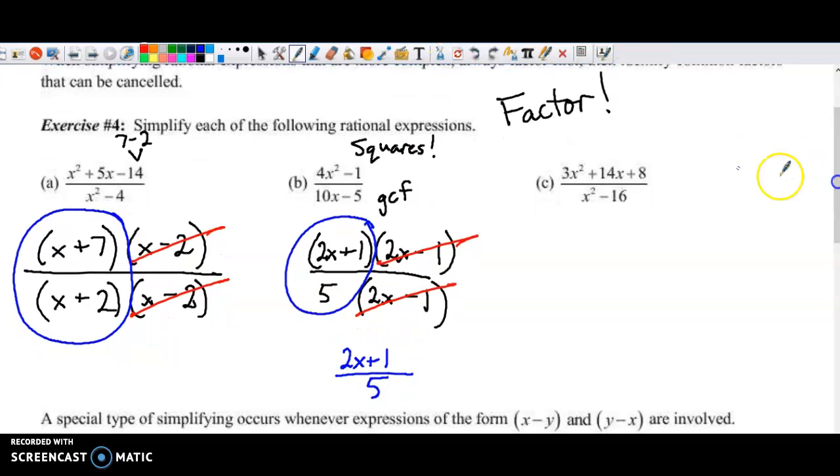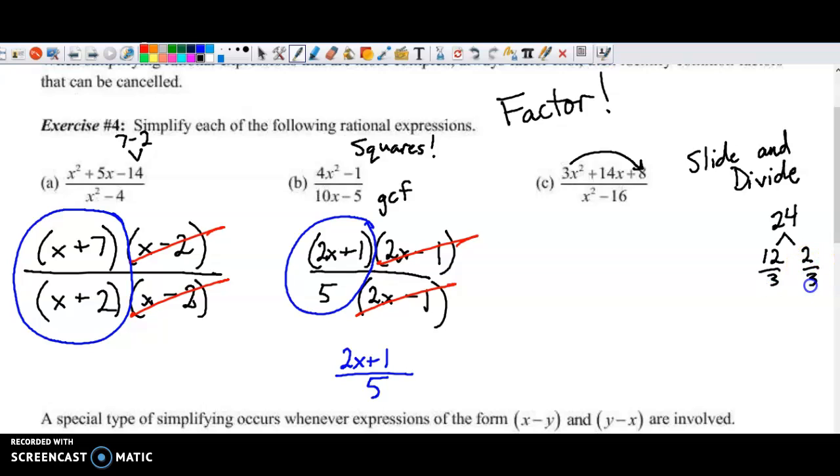And then what I like about the next one is it reminds you on how to slide and divide. And again, if you didn't learn this earlier in this Algebra 2, you might struggle. So remember, 3 times 8 is 24. Factors of 24 that add to be 14 are 12 and 2. But then you have to remember the divide part. So 12 divided by 3 is 4, but don't forget to slide back.